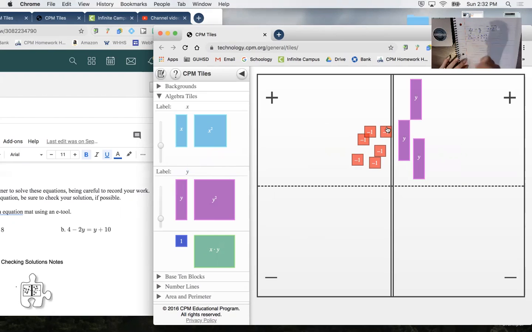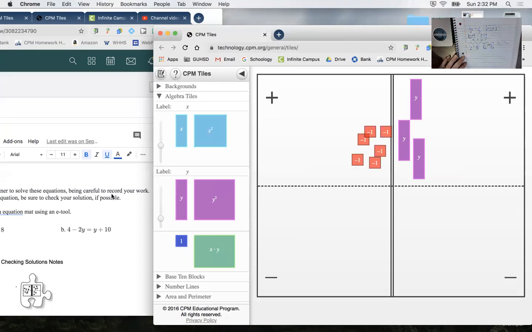So now I'm going to go to paper here. And I have negative 6 equals positive 3y. Well, now I'm going to divide by 3. And I get y is equal to negative 2.